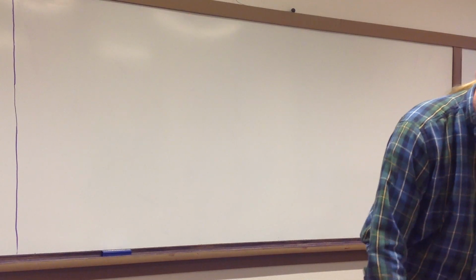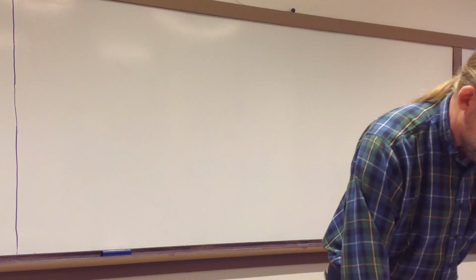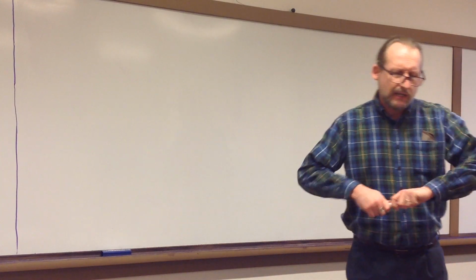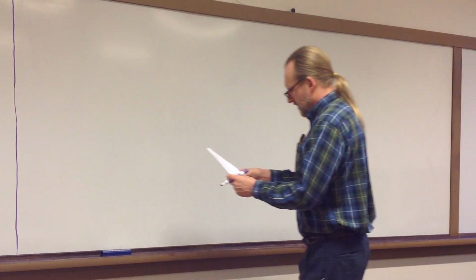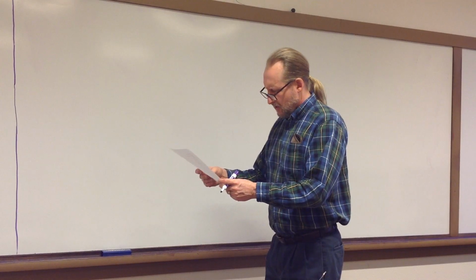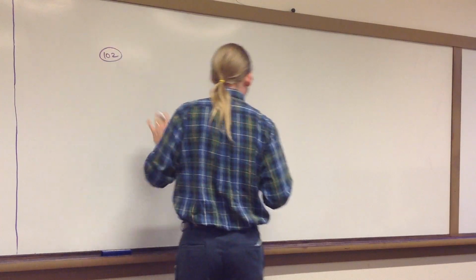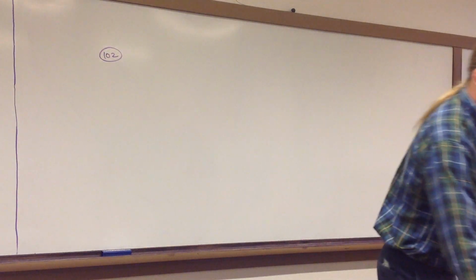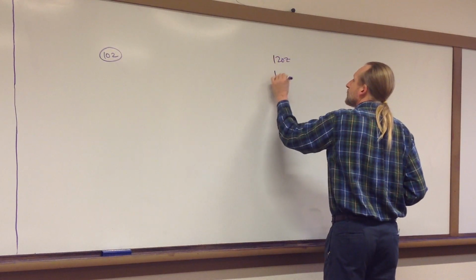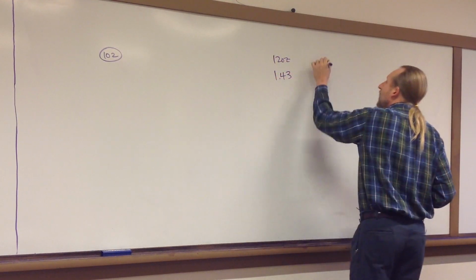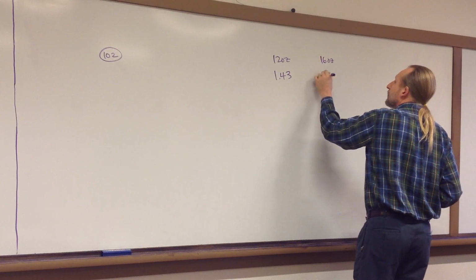Okay. On problems 83 and 84, we've got some questions about unit rates. So this is kind of like what they do in the supermarket. Let me talk about the supermarket example. Let's say you can buy 12 ounces for $1.43, or you can buy 16 ounces for $2.